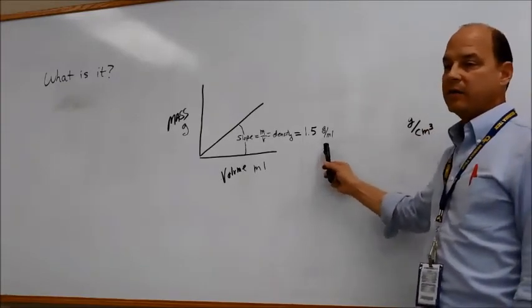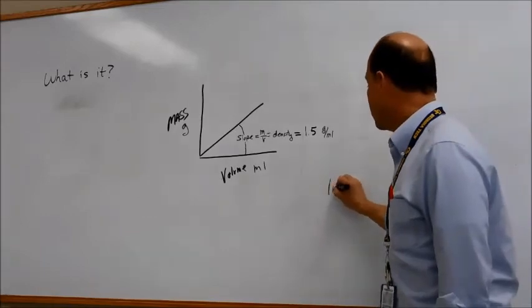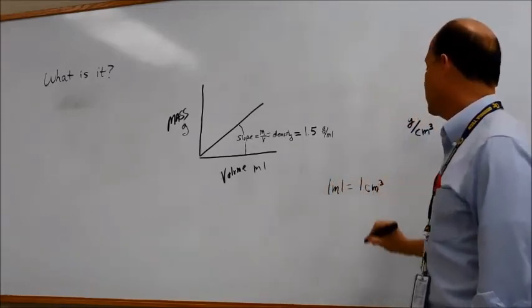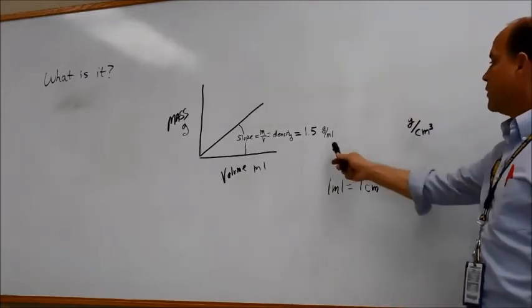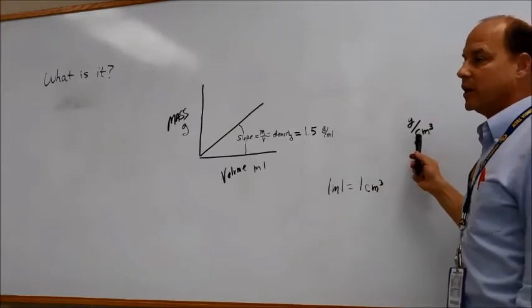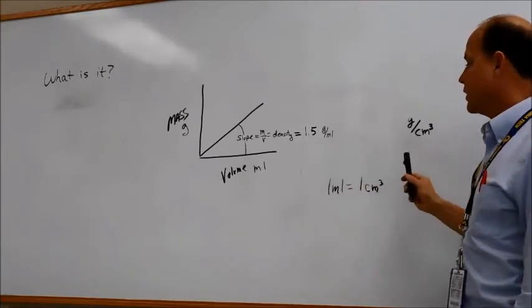Don't let that bother you, because, very important, 1 milliliter is equal to 1 centimeter cubed. So even though the units look different, a milliliter is actually equal to a cubic centimeter. So you use the same numbers, okay?